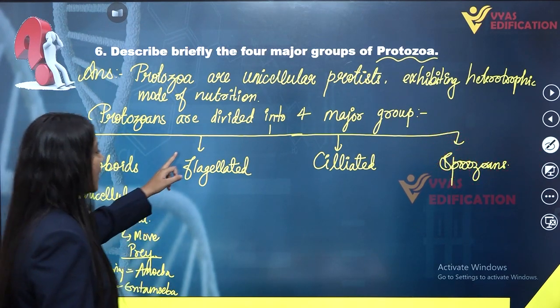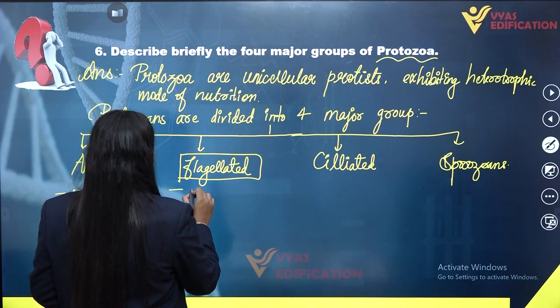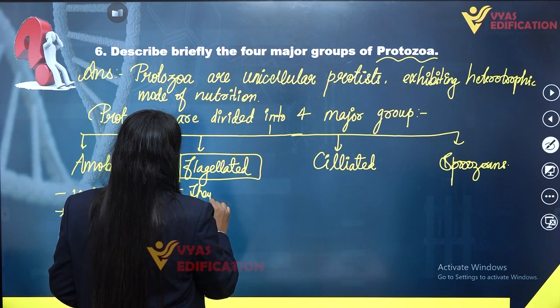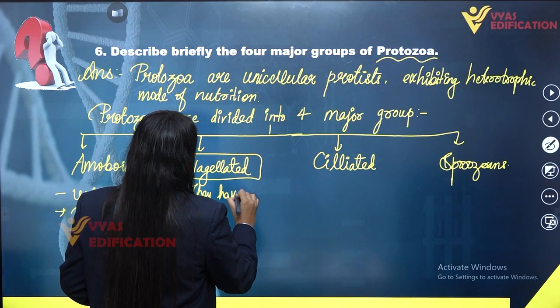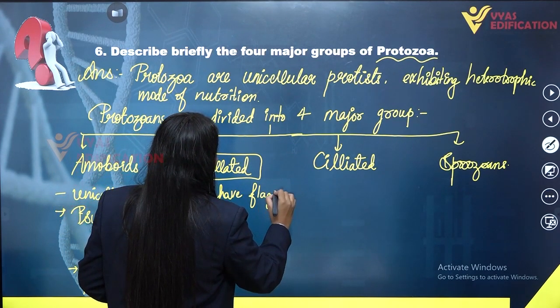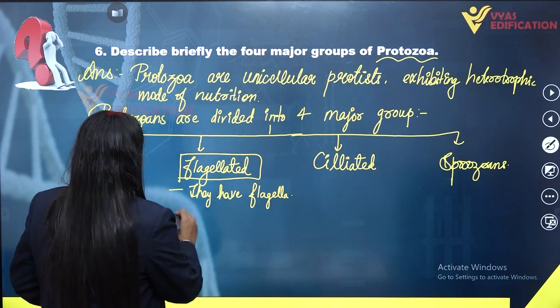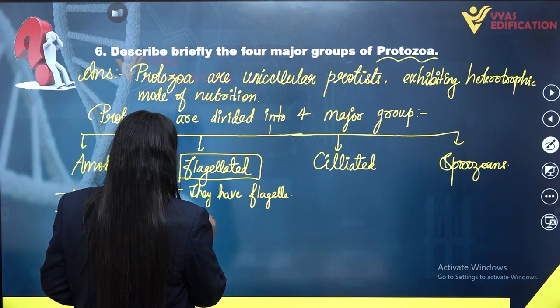Moving on to the next category, that is flagellated protozoans. They are having flagella. That is why the group has been named as flagellated. So they have flagella which helps them to move and capture prey. They lack cell wall also.